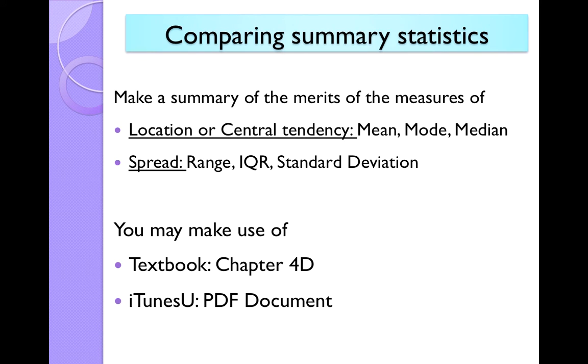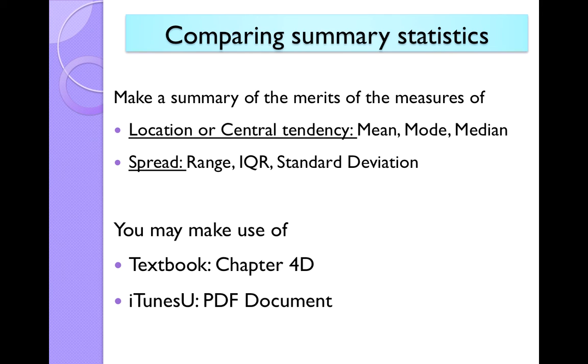We have now looked at the 3 measures of central tendency and the 3 measures of spread. It's important to know when which measure is better to refer to and better to be used.